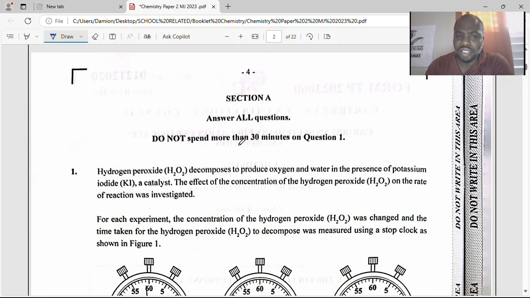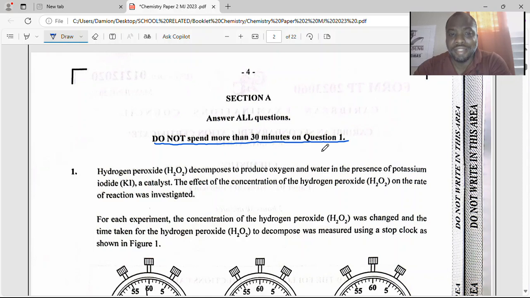For this it says, very important, do not spend more than 30 minutes on question 1. You see, this is a lab-based question and it's very lengthy in terms of what is required. But at the same time, to get an overview and acquire a certain number of marks, you are required to not spend more than 30 minutes.